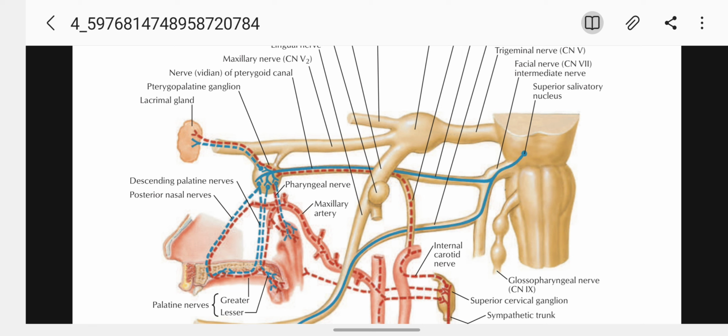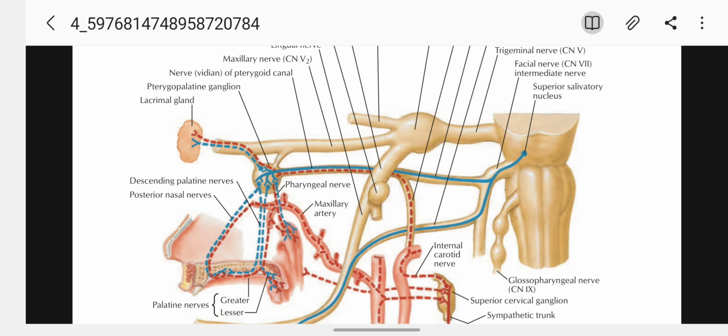This deep petrosal nerve and the greater petrosal nerve join together to form the nerve to the pterygoid canal, otherwise called the Vidian nerve. The Vidian nerve reaches the pterygopalatine ganglion. Here the greater petrosal nerve relays, because it is parasympathetic fibers relaying at the pterygopalatine ganglion.